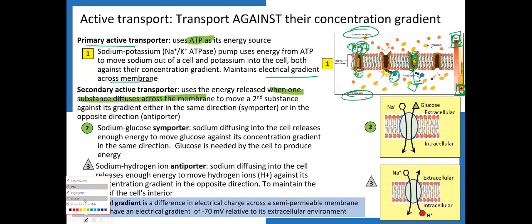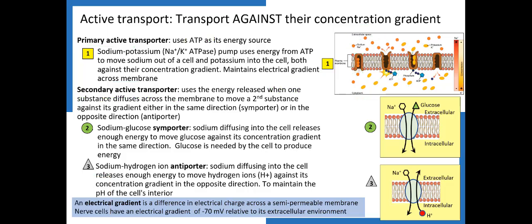The other type of active transport is secondary active transport. We've got two types of secondary active transport. In each of these types, the diffusion of sodium from a region of higher concentration outside the cell to a region of lower concentration inside the cell releases energy, and that energy is then used to transport a second substance across the cell membrane.